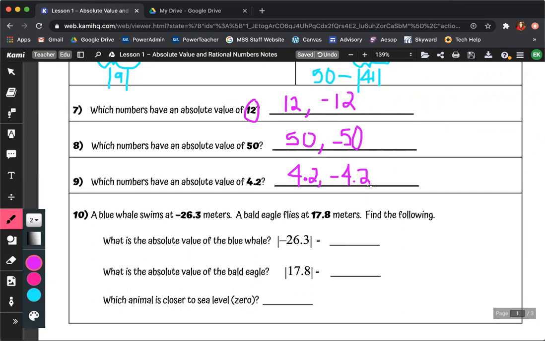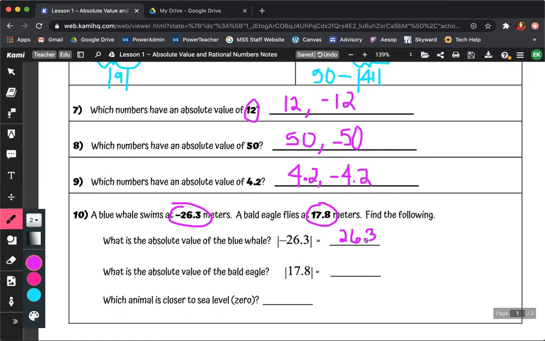And then just a real world example. A blue whale swims at -26.3 meters. A bald eagle flies at 17.8 meters. Find the following. The absolute value of the blue whale's distance is 26.3, right? We wouldn't say necessarily, maybe in some instances, but generally speaking, we wouldn't say, oh, a blue whale's at -26.3 meters.